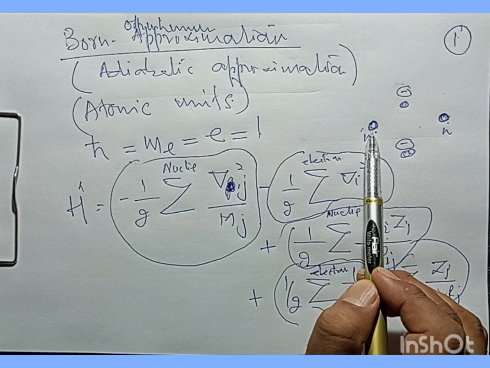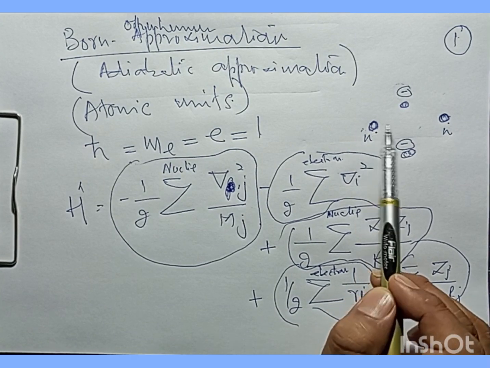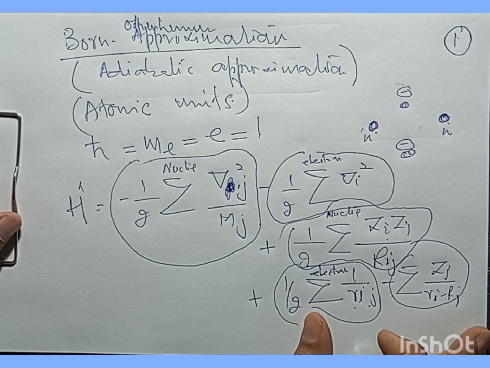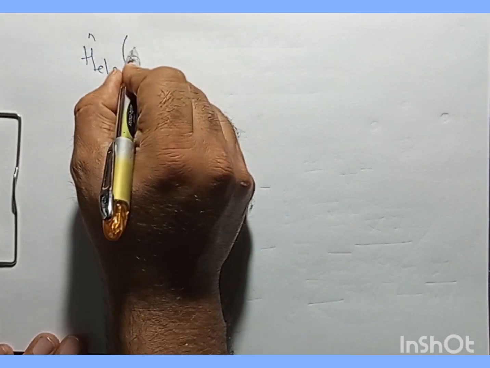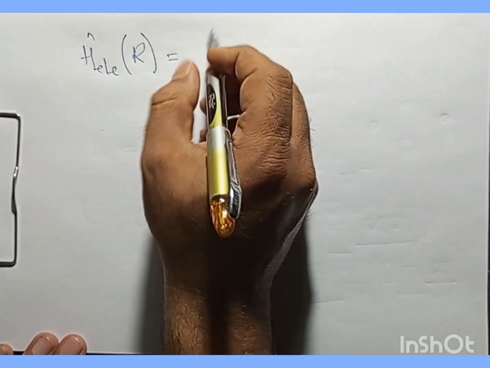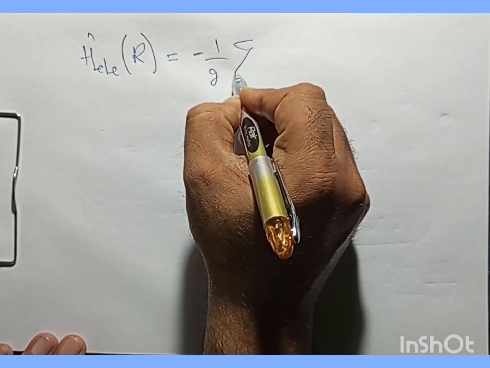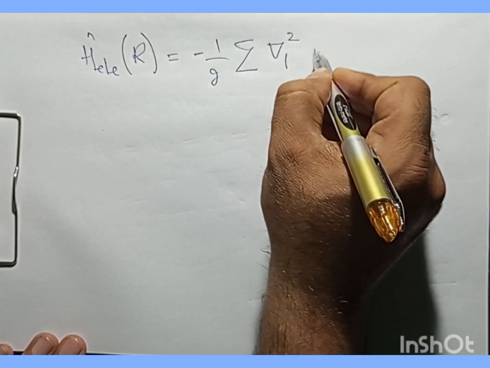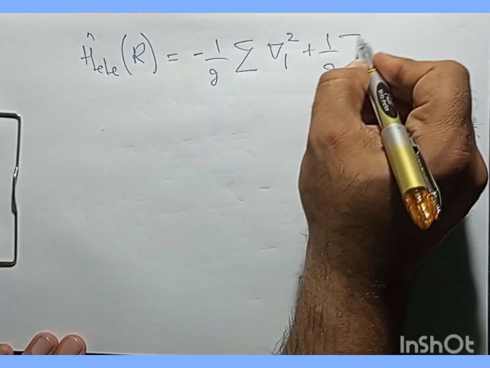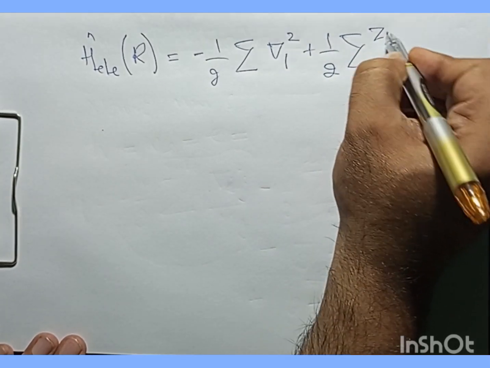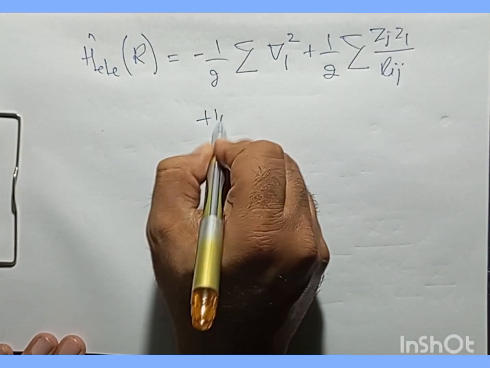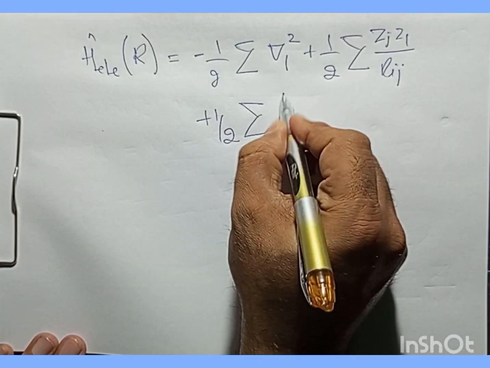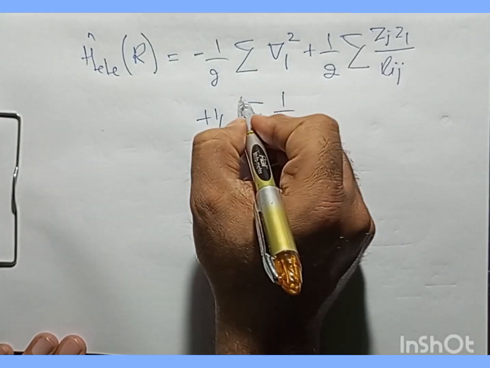If I write down this electronic Hamiltonian, H electron, treating the nucleus at rest, that will be minus 1 by 2 sigma delta I square plus 1 by 2 sigma zj by rij, and plus 1 by 2 sigma 1 by rij for electrons.